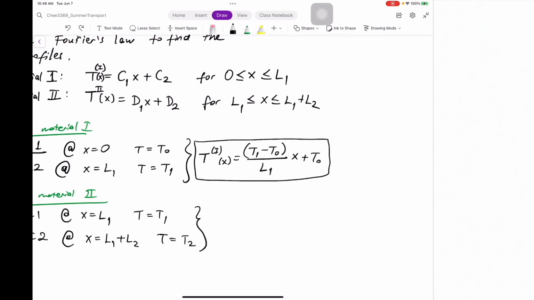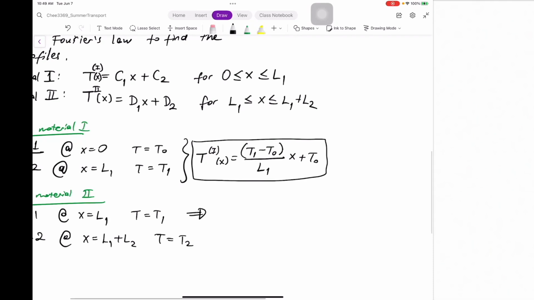Let me do it explicitly. From here, you see that T1 is equal to D1 times L1. So I'm doing nothing but plugging in x is equal to L1 in this equation, plus D2.